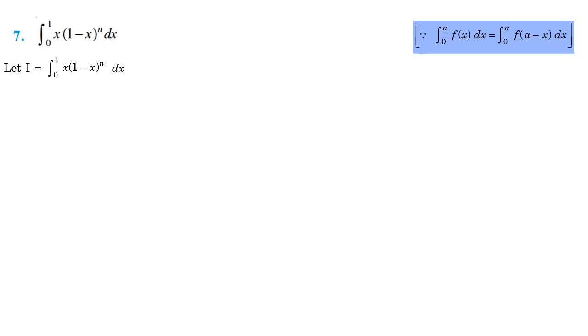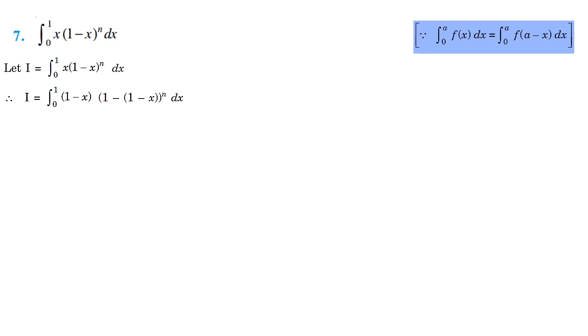By using that property, instead of x, it should be replaced with the upper limit minus the variable. Here the upper limit is 1 and the variable is x. So x should be replaced as 1 minus x, and this x is replaced as 1 minus the quantity 1 minus x.